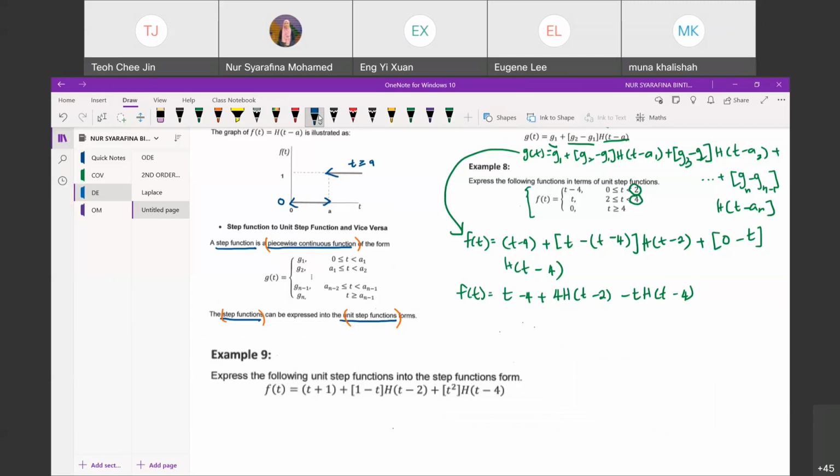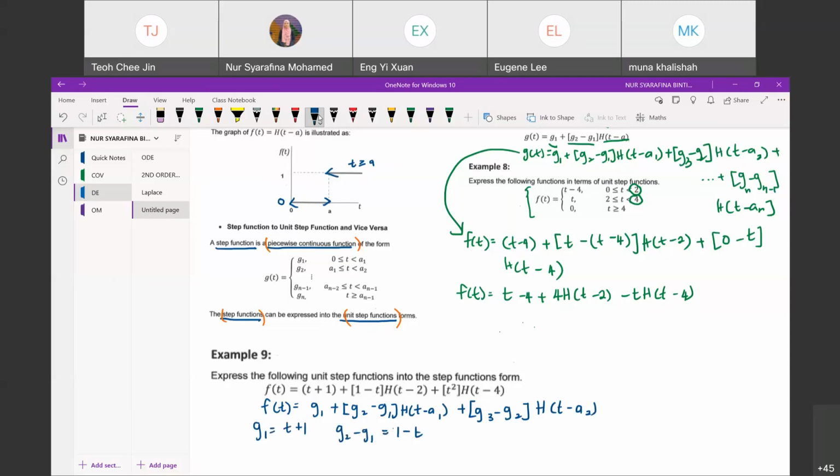So you know that this unit step function is obtained by g1 plus (g2 minus g1) H(t minus a1) plus (g3 minus g2) H(t minus a2). So you know your g1 equals t plus 1. And then g2 minus g1 equals 1 minus t.